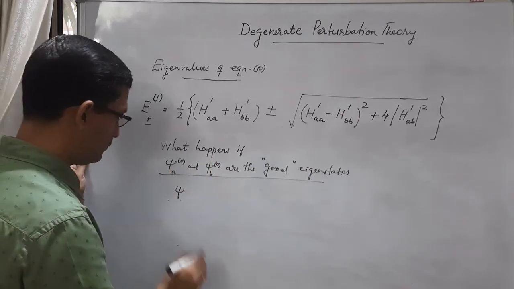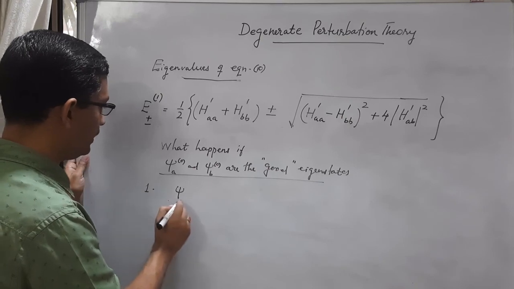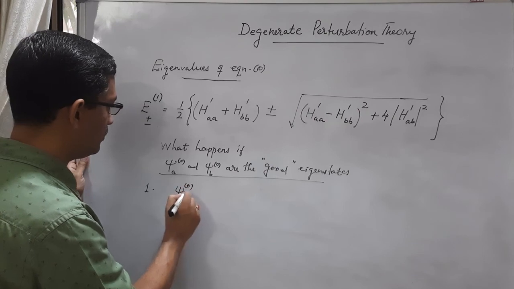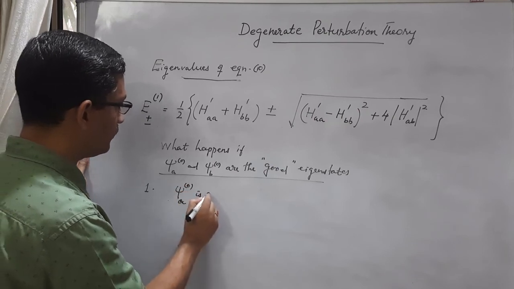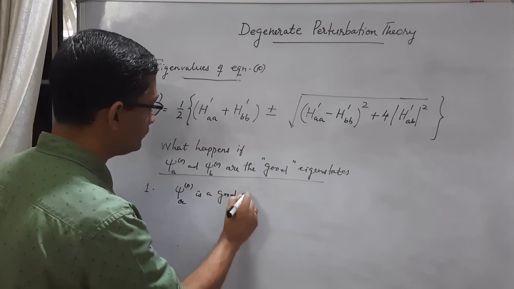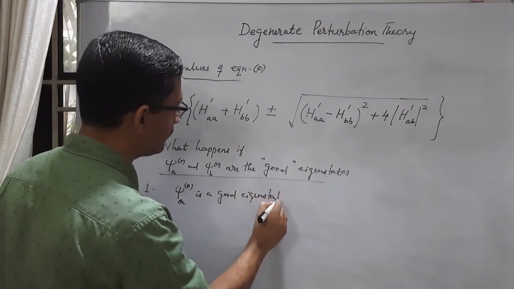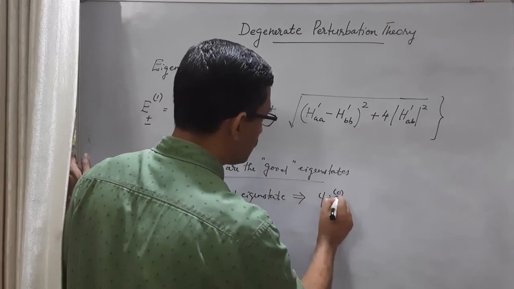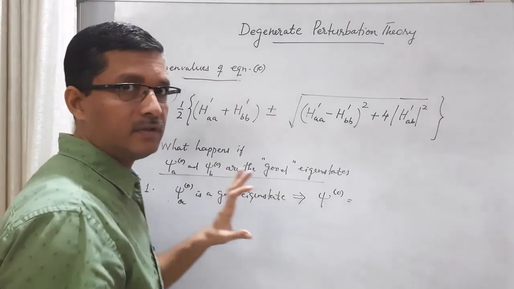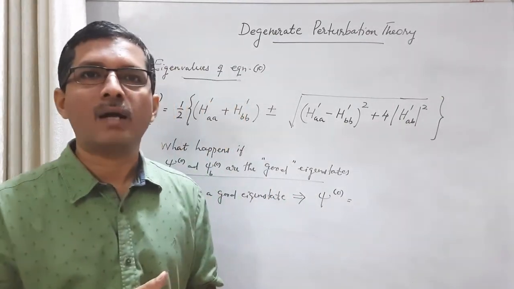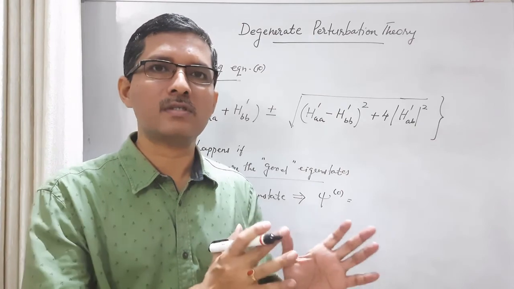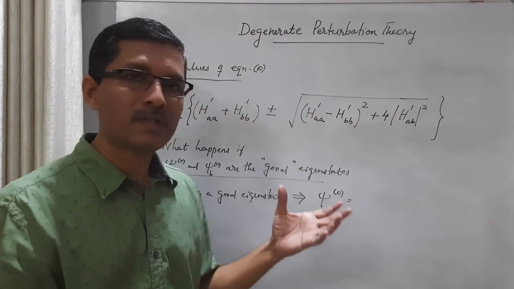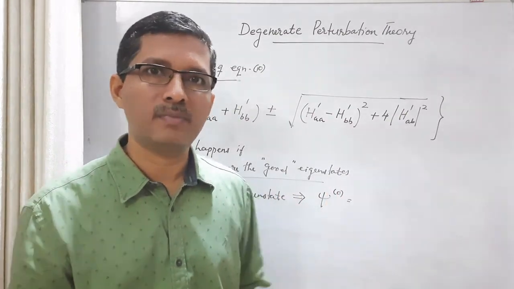Then, which means that our psi 0, we have chosen as the unperturbed state some psi 0. What was psi 0? A linear combination of psi A0 and psi B0. What was the expression for psi 0? Alpha psi A0 plus beta psi B0.